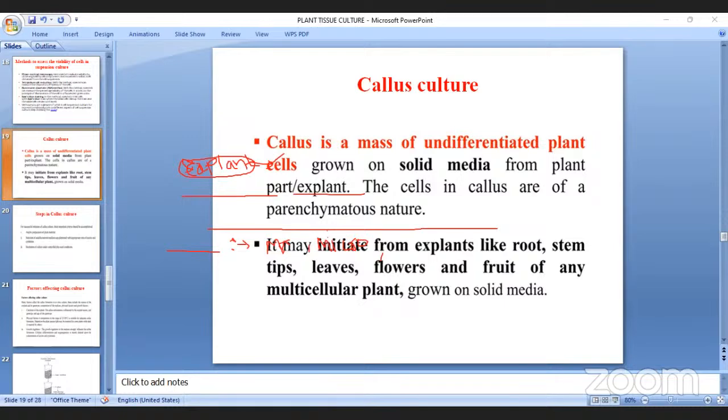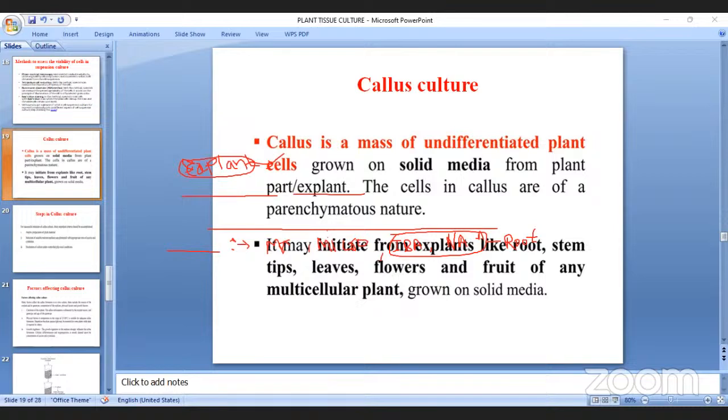So in callus culture, we utilize high concentrated auxins such as IBA, indole butyric acid, or naphthalene acetic acid, NAA. Actually, these auxins, NAA and IBA, are mainly for root formation, called rhizogenesis.